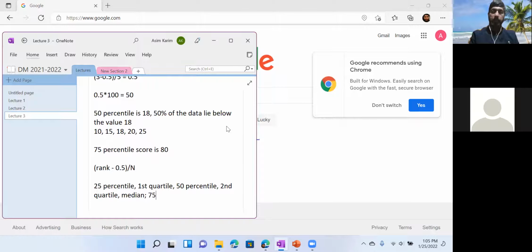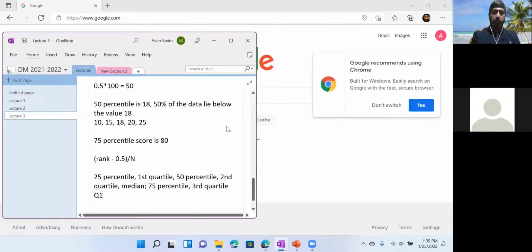And then, of course, the 75th percentile. This is called the third quartile. Okay. So these first and third quartiles are often denoted Q1, second could be Q2, third would be Q3.